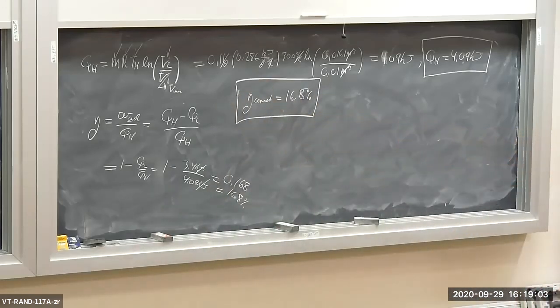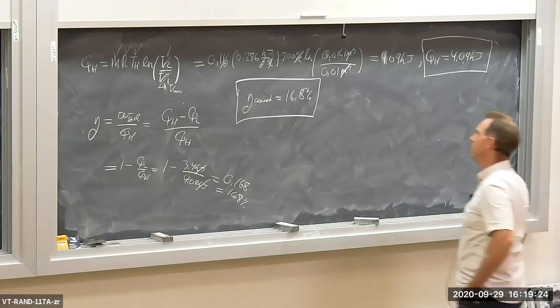So that was the hard way of calculating the efficiency. We actually calculated the heat transfers, QL and QH. There's actually a much easier, very quick way to calculate efficiency. A Carnot heat engine is a reversible device.